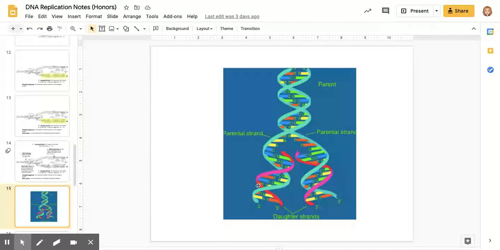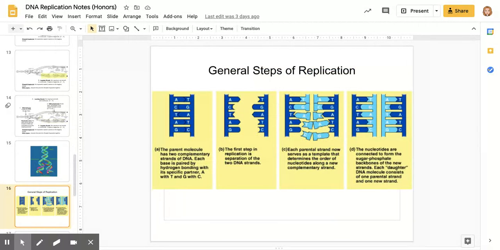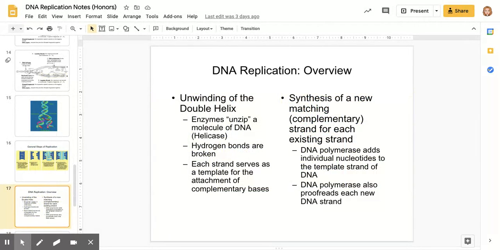And then in a pink and red, the new or daughter strands are forming. Here's another example. These are all models or representations of the replication process. The DNA molecule is opening up, free-floating nucleotides are coming in and binding, and we can see that the two resulting strands are identical to the original or parent strand.